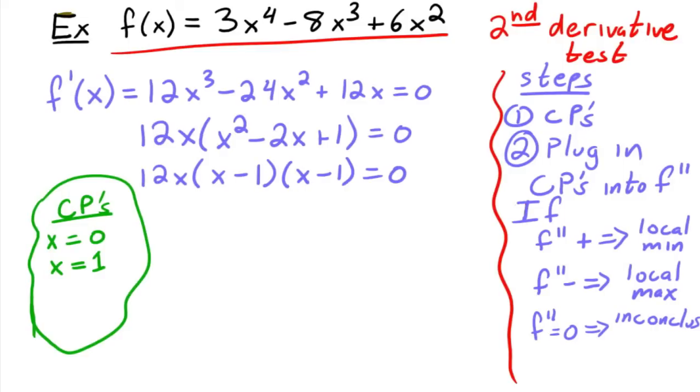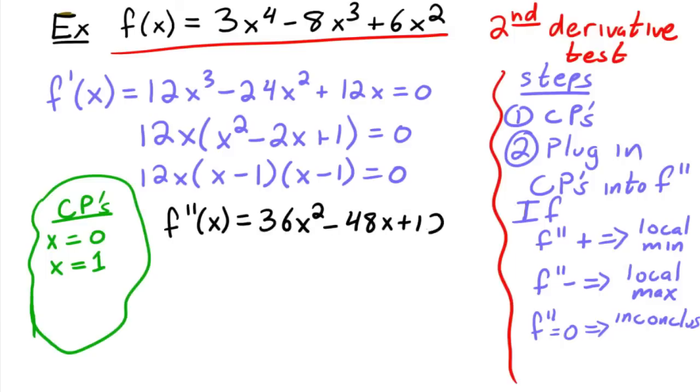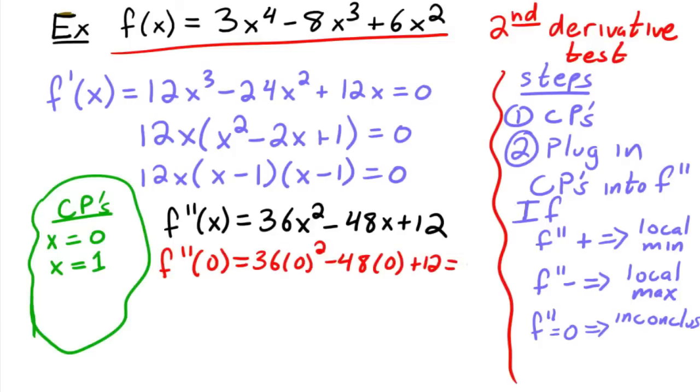Okay, so let's find the second derivative then. The second derivative is the derivative of the first derivative, so that gives me 36x squared minus 48x plus 12. Okay, so let's plug in 0. If I plug in 0, I get 36 times 0 squared minus 48 times 0 plus 12, which equals positive 12.